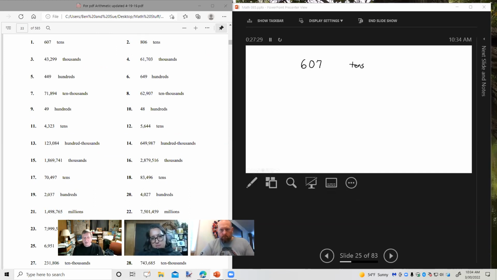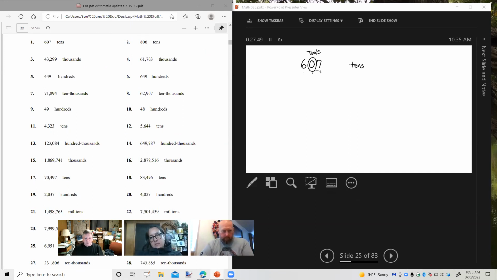The first thing we need to do is establish where the number is in the column where we're going to round. It says to round in the tens column. So this is the ones, the tens, and the hundreds, right? So this is the tens column.